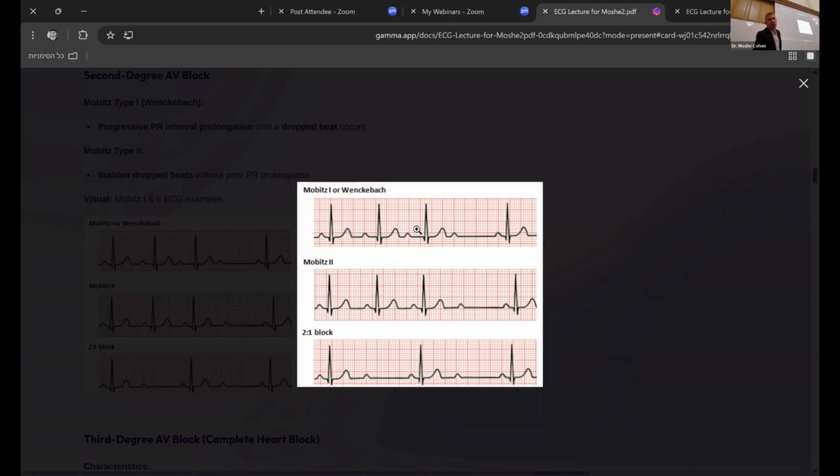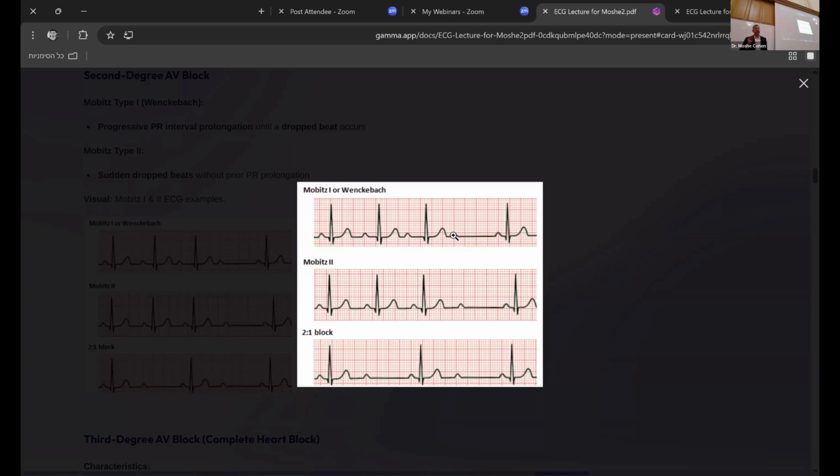So look here, PR interval normal, PR interval longer, PR interval very long, and then you have a dropped beat. This is what we call Wenckebach. Wenckebach or Mobitz 1 is where you have consecutive prolongation of the PR interval until you have a dropped beat. This is Mobitz 1, which still doesn't require a pacemaker.